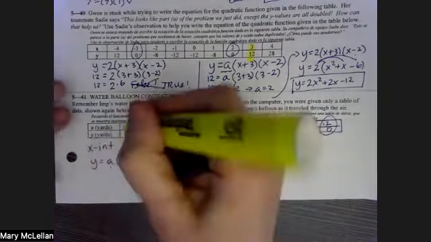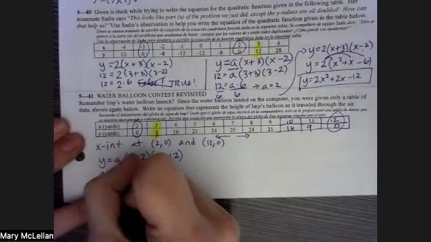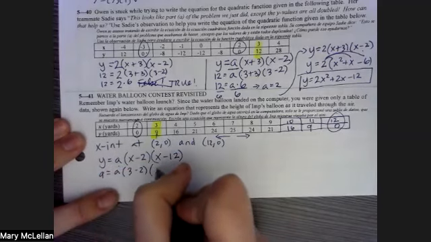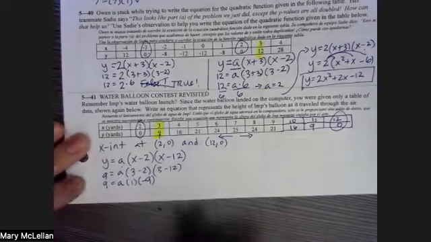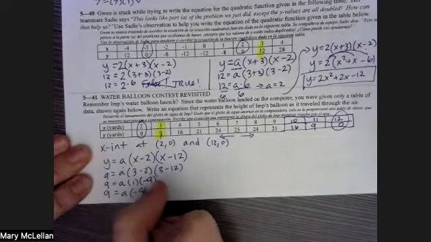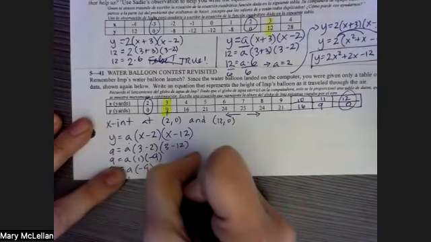I'm going to use 3 and 9. 9 equals a times 3 minus 2 and 3 minus 12. 9 equals a times 1 times negative 9. 9 equals a times negative 9. And in order to make that true, a must be negative 1.